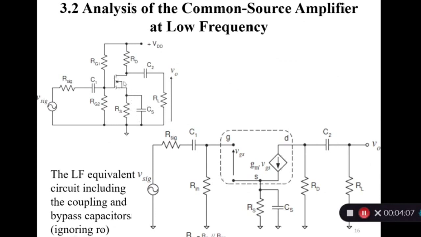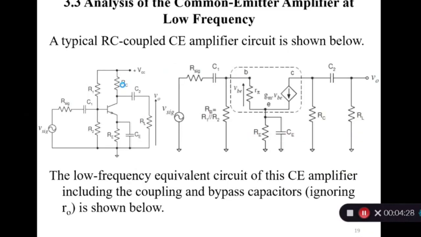From the previous module, Analog Electronics 1, you know that transistors have internal capacitances. In this lecture and the next 2-3 lectures, we will discuss the coupling capacitors, bypass capacitors and internal capacitors of the transistors, whether it is a MOSFET or a BJT. We will discuss all the capacitances in this module.